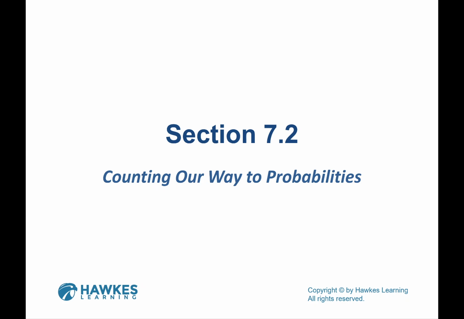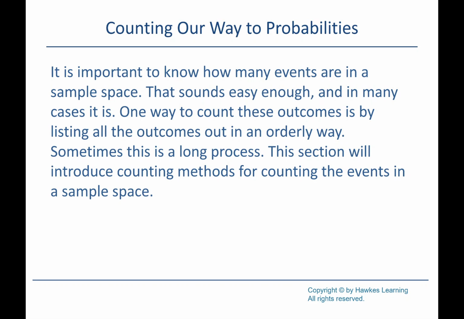The idea is that if we want to calculate a probability, we need to know what number to divide by. We need to know how many things are in our sample space.